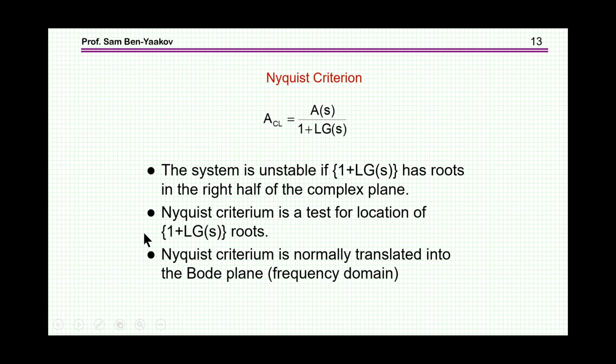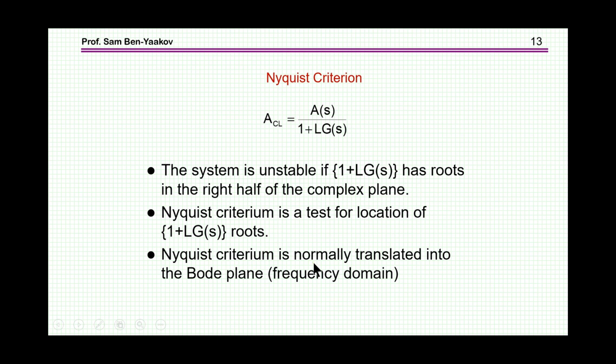Okay, so now we come to the Nyquist criteria. This is the criteria that will help us to know if there is a pole at the right half plane of the complex plane, which makes it unstable, and how far are we from it, and how safe are we in terms of stability.